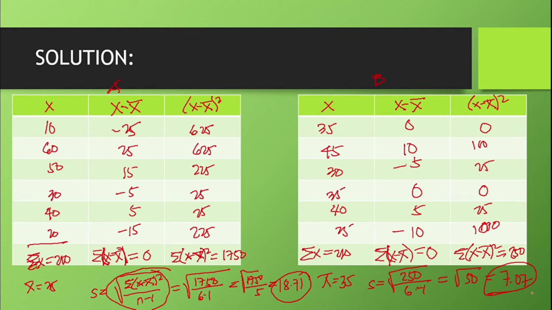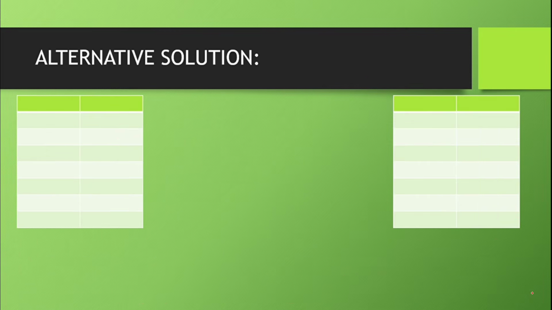So in this case, even though we have the same mean, we could compute the standard deviation and conclude another way that B performs more consistently than A, and B is less variable than A in terms of the data given. Okay, so the alternative solution in finding the standard deviation: this is the formula.